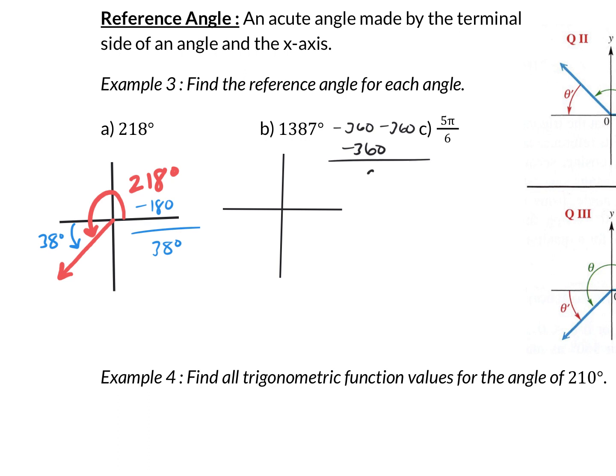So if I was drawing the angle 307 degrees, that's going to be in which quadrant? Quadrant 4. So somewhere down here would be 307 degrees. Which means that this angle right here would be 360 minus 307, right?